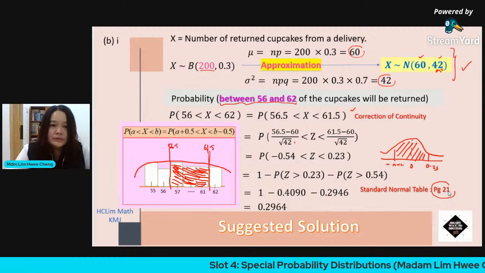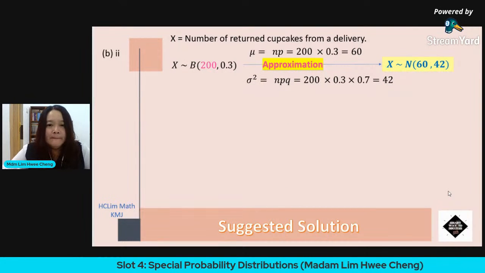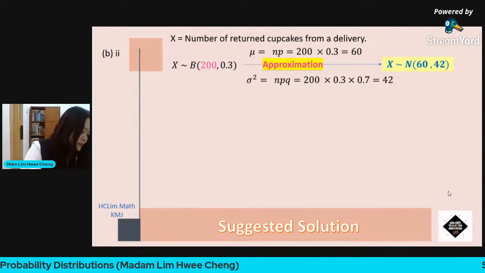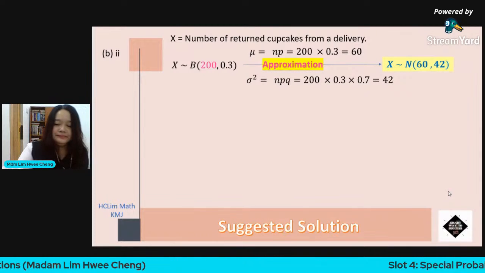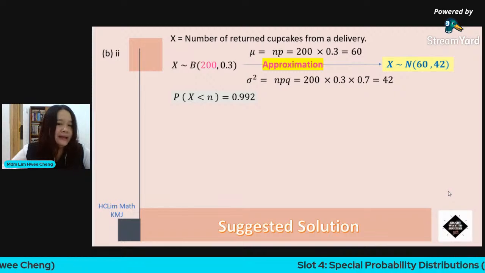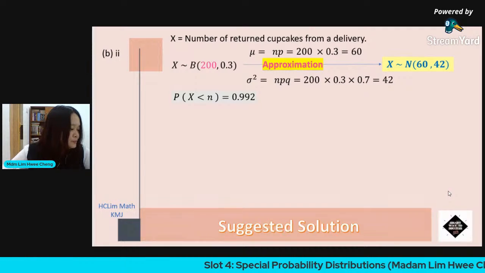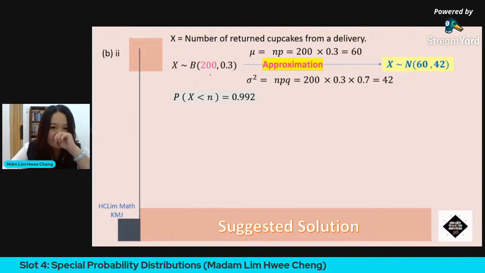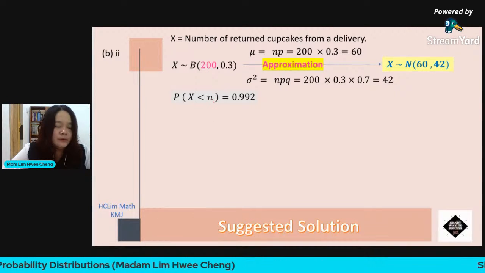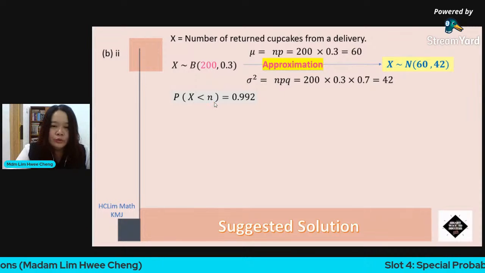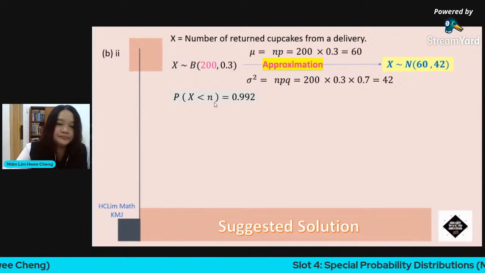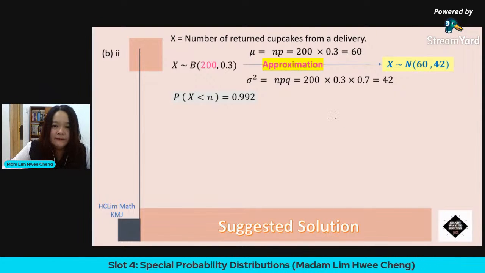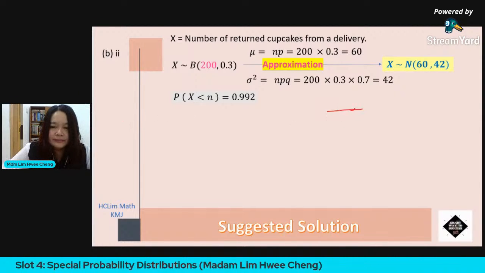Okay, so we proceed to the next question, B here. It says that the question is less than. You convert first. It's P(X less than n) is 0.992. Since this involves the continuity correction, before you standardize, you have to subtract, because you have X less than n.